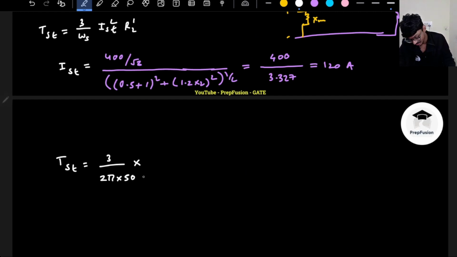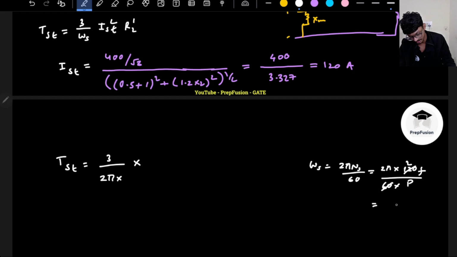So here, omega s is simply 2 pi ns divided by 60. What is ns? Ns is 120 f by p. All these are mechanical parameters. So 120 f by p into 60, this will get cancelled, this will be 2. So it will be basically 4 pi f by p.